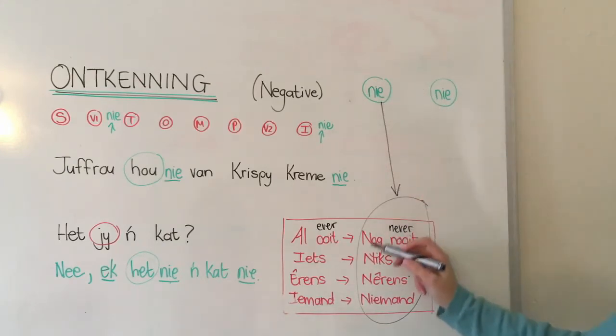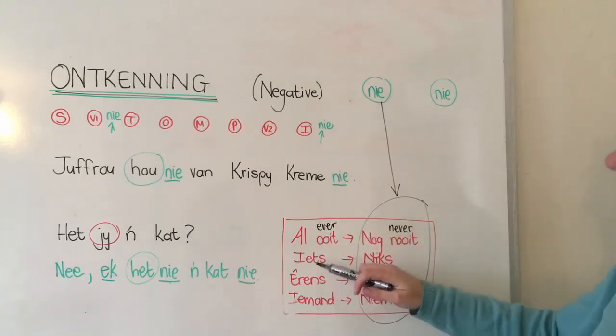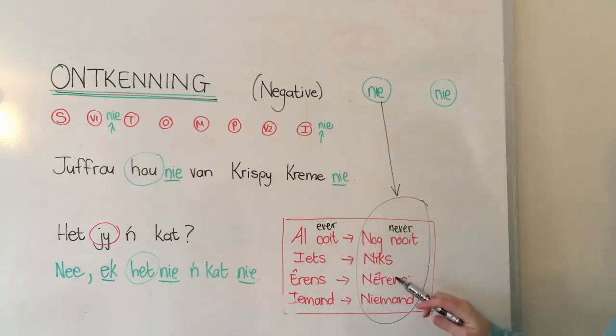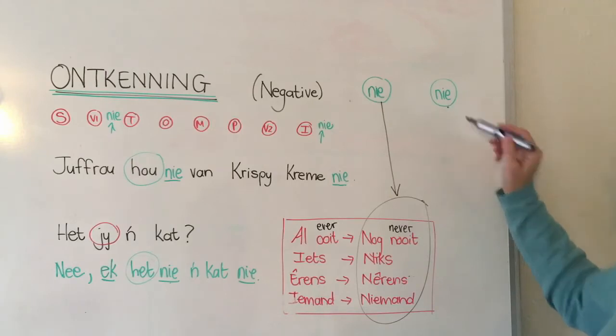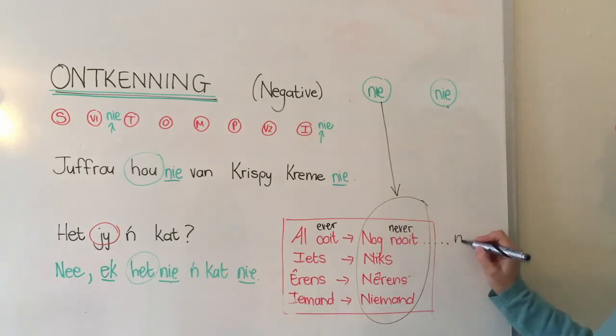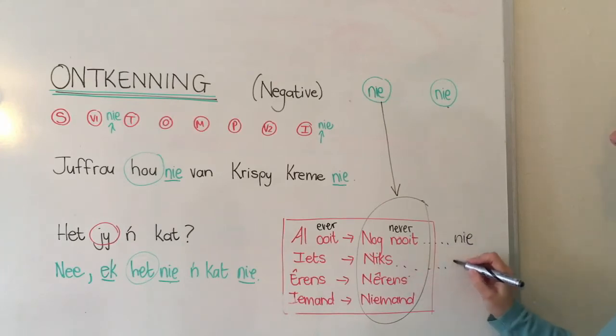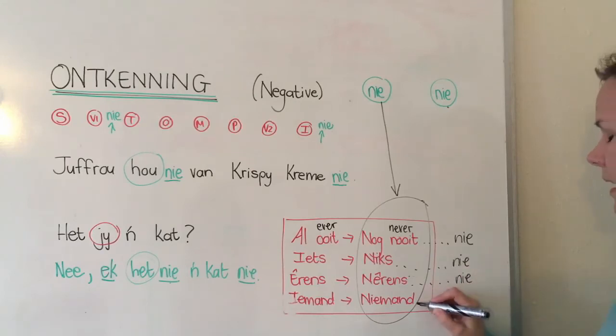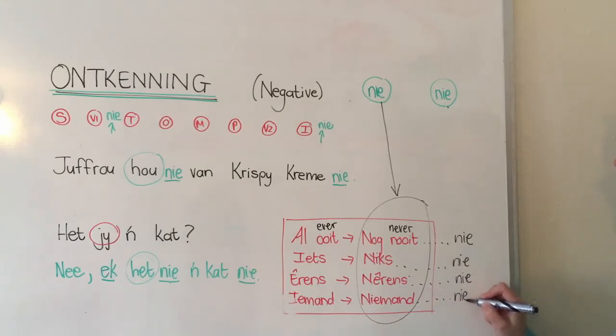So if I have a word like this, I change it to that in the negative, and then I only have a nie at the end. So it will be nog nooit nie, niks nie, nêrens nie, and niemand nie.